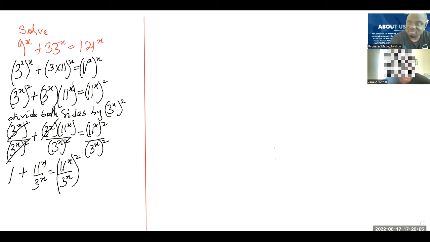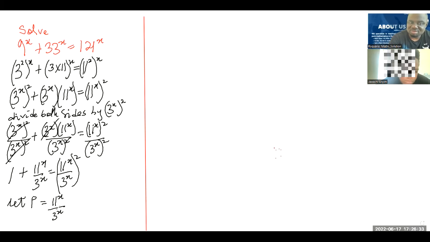to the power square. Now we are seeing 11 to power x all over 3 to power x to be common. So at this point, we'll say let assumption P equals 11 to power x all over 3 to power x.